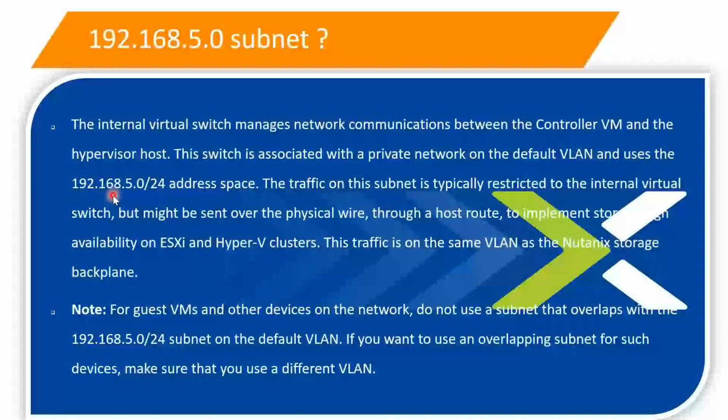Nutanix says that this traffic normally never leaves the host, but in some cases, like the ESXi and Hyper-V cluster mentioned here, traffic might leave the host. So it's better to avoid the duplication. Don't use this subnet in your data center. If it is AHV, no issue, but in other cases the recommendation would be to leave the subnet for the Nutanix internal communication.